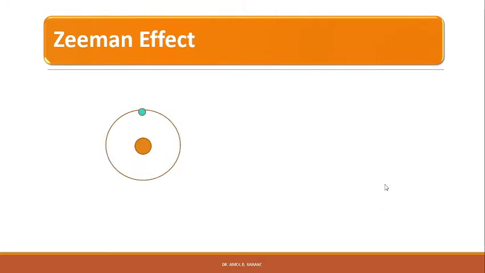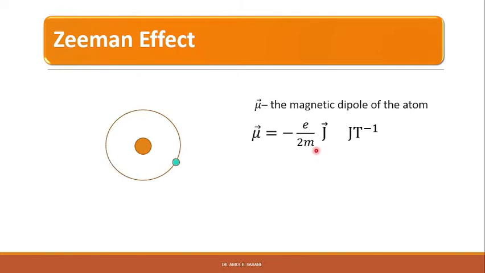We can represent this by a vector mu, the magnetic dipole moment of the atom, and it is readily shown that mu is directly proportional to the angular momentum J and has the same direction. If the electron is considered as a point of mass m and charge e, then mu is equal to minus e upon twice m into J vector, in units joule per Tesla.